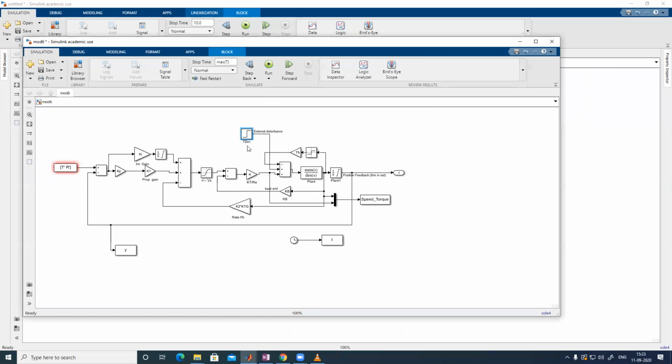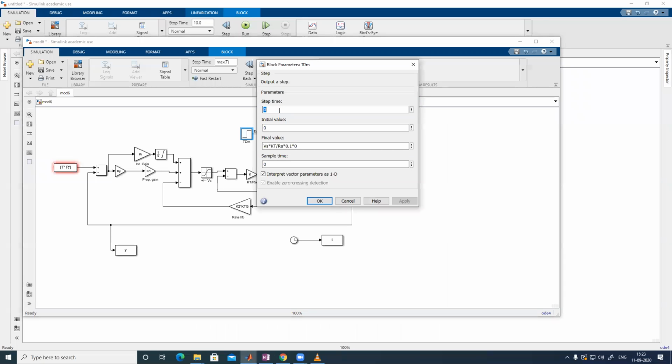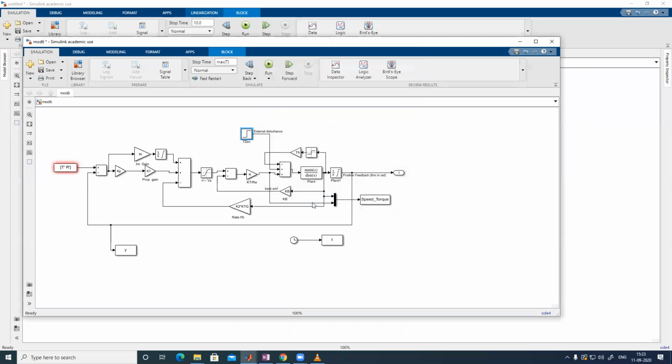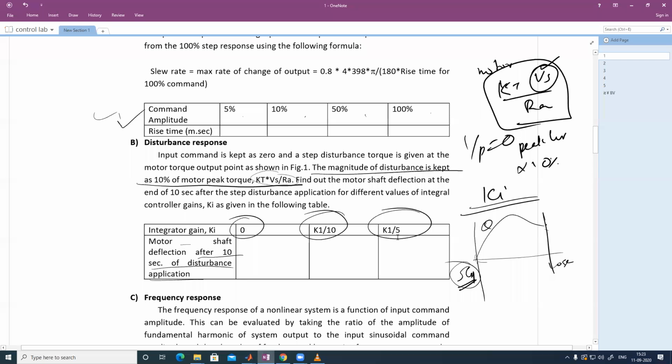Otherwise, the default step time is 1. If you do that, going from 1 second means this is not 10 seconds, it is 9 seconds only. You have to take 11 to get 10 seconds if you are using step time as 1. So be careful about that.